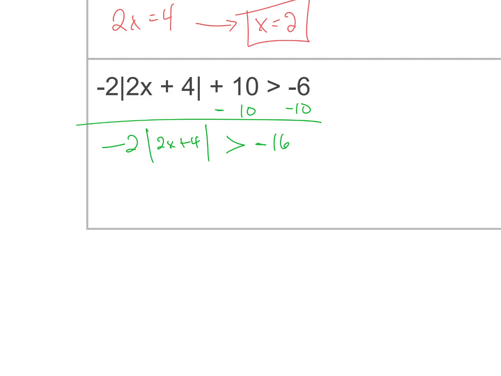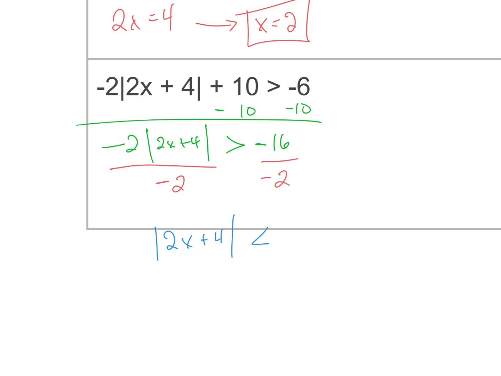Negative 16. And now, one of the reasons why we're doing this is you get to see that we're going to divide by negative 2. I wanted you to see that this thing and this thing, you can do that. We haven't really done that before, not on a problem like this, so now you at least see that, oh, that's what that looks like.